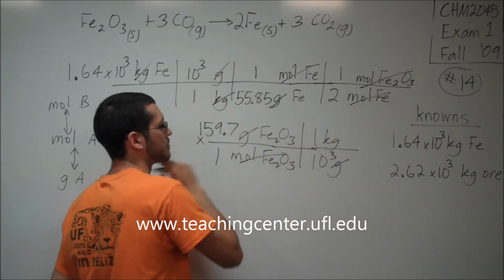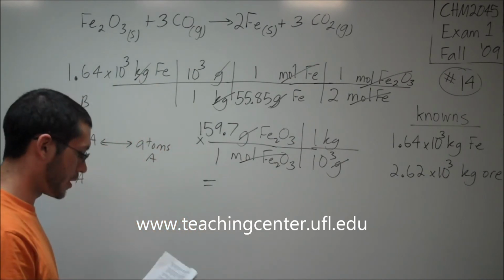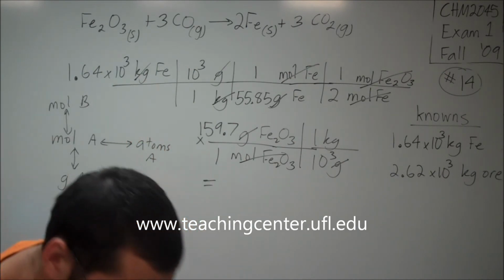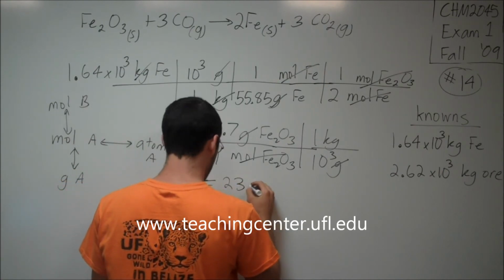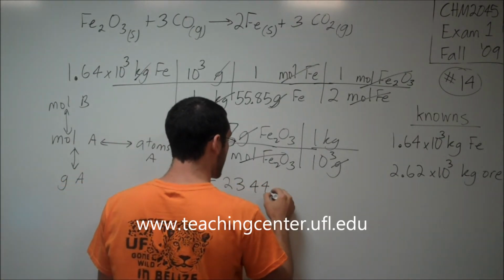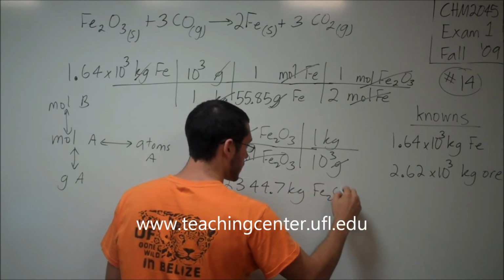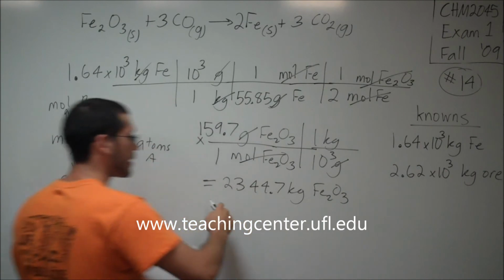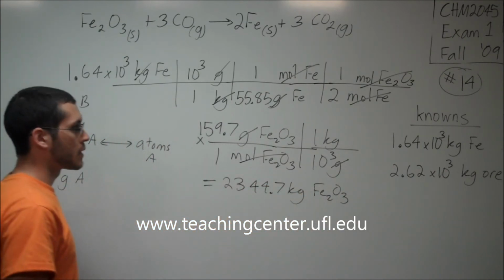Grams cancel. And punching this out, we have 2344.7 kilograms of Fe2O3. This is how much Fe2O3 was in the iron ore.